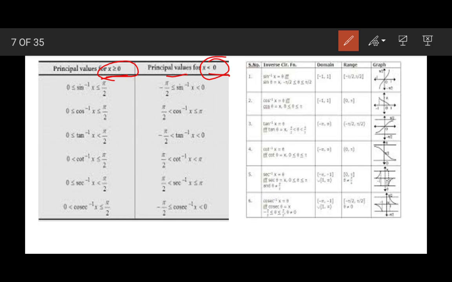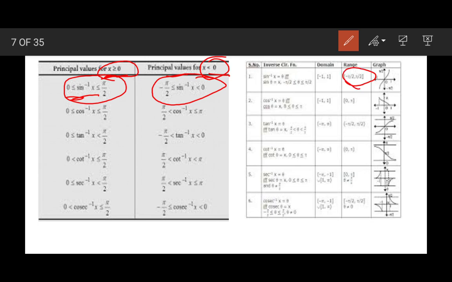For sine inverse x, if x is greater than 0, the principal value lies between 0 to pi by 2. For x less than 0, the principal value lies between minus pi by 2 to 0. So the range for sine inverse x will be minus pi by 2 to pi by 2.